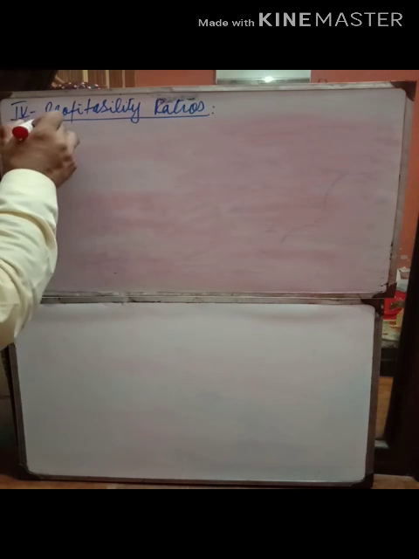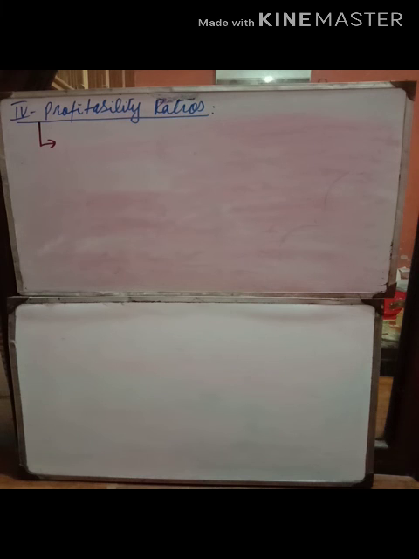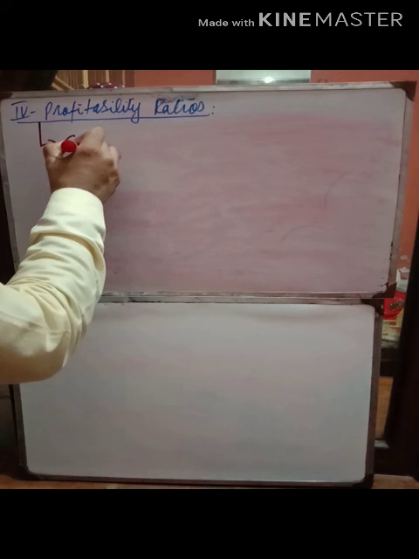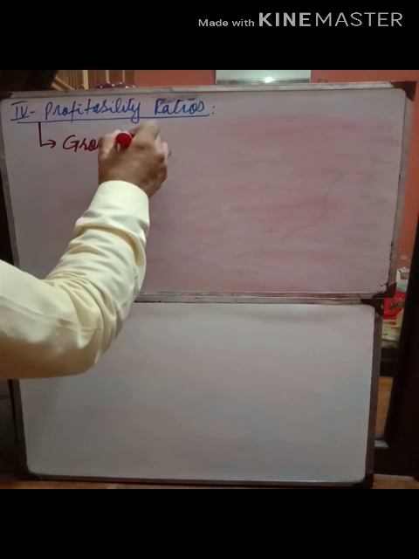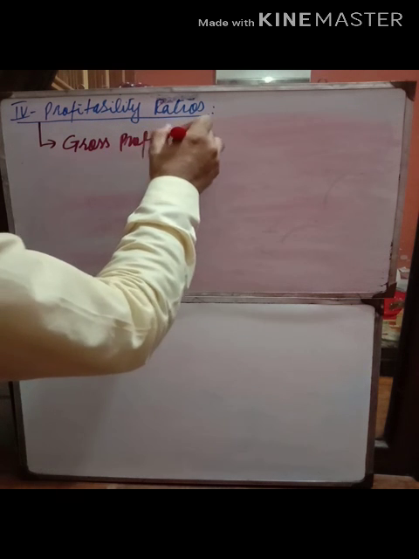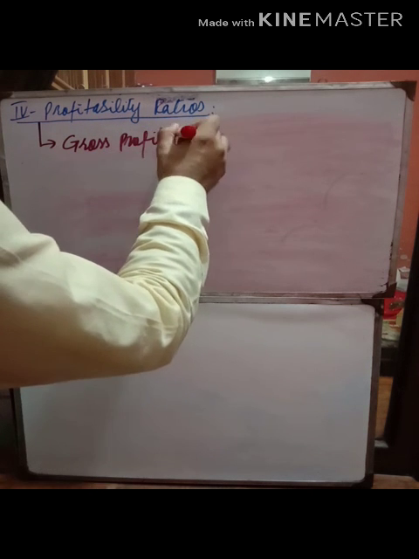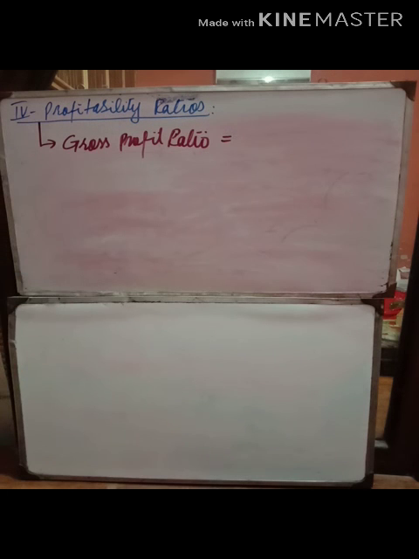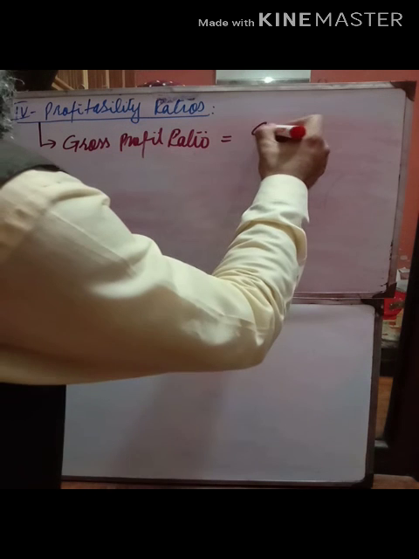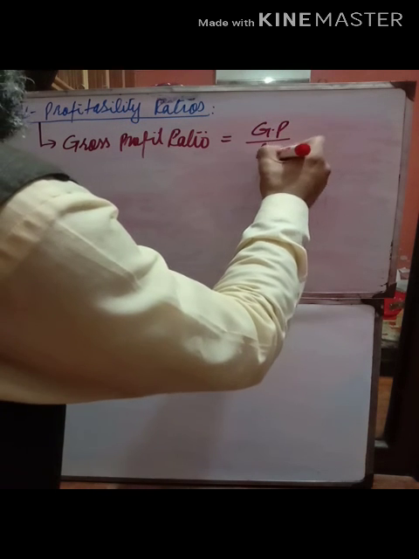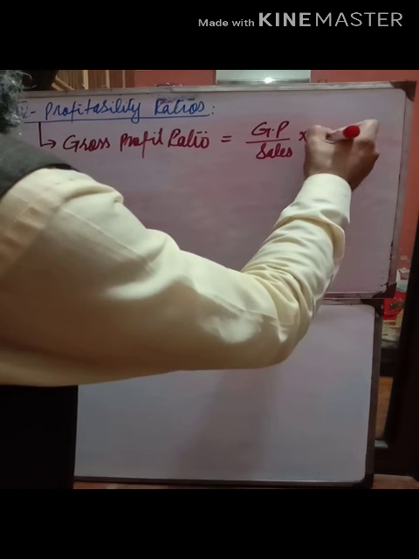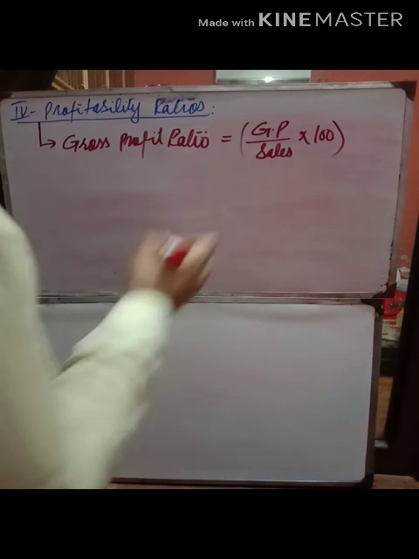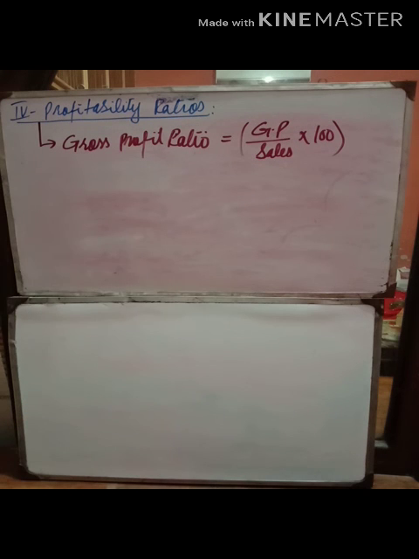In profitability ratios, the first ratio will be our gross profit ratio. Gross profit ratio can be calculated as gross profit divided by sales. If we want the answer in percentage, then we have to multiply the answer by 100.